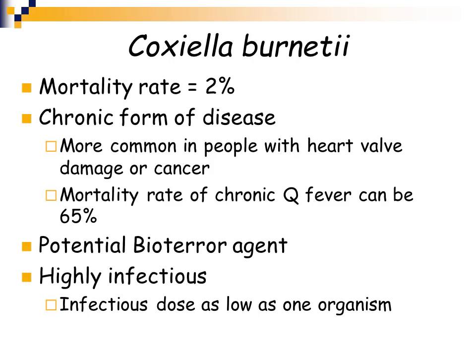So for those of you that are making your charts of similar things throughout the semester, you should be making a table, and in your table, potential biothreat agents, and Coxiella burnetii is one of them.